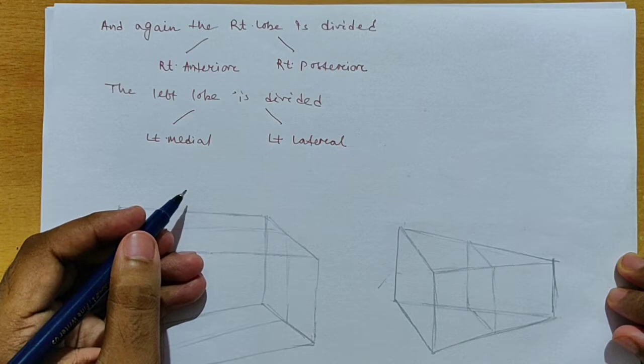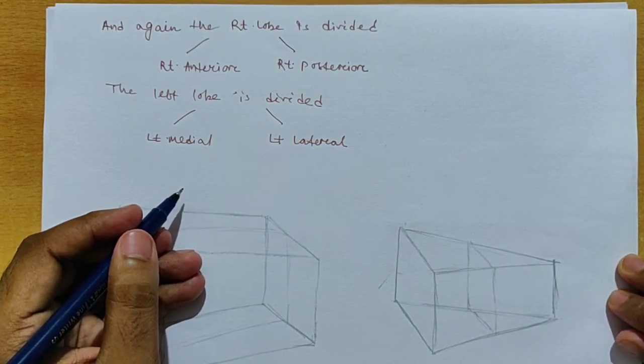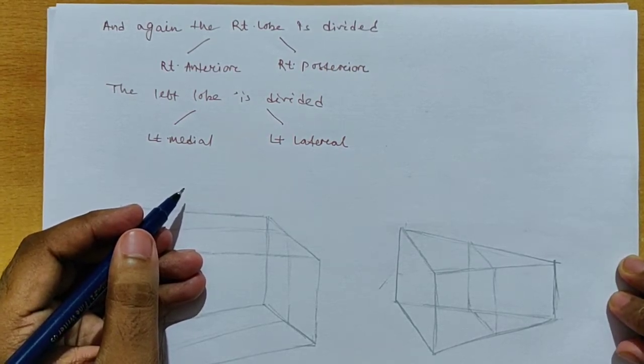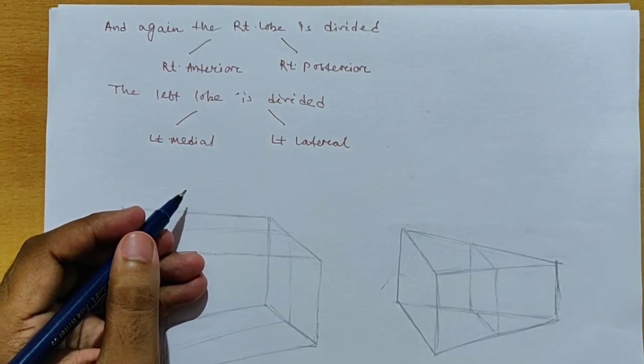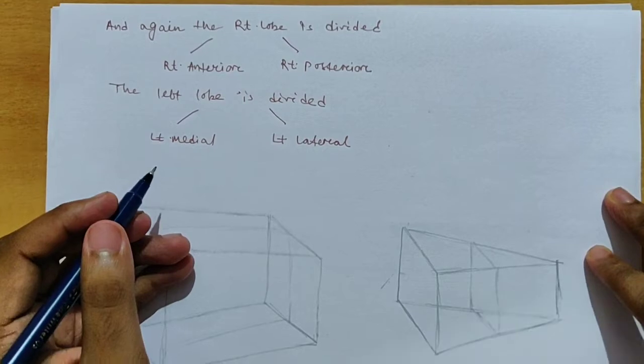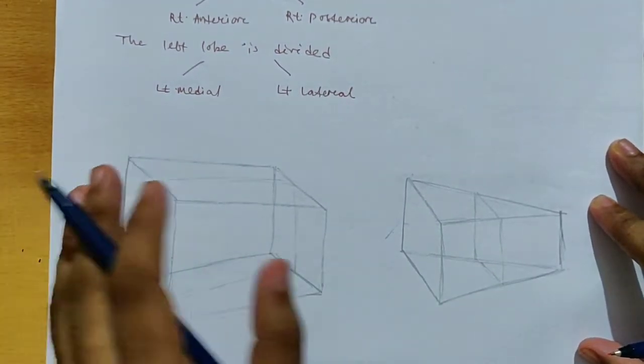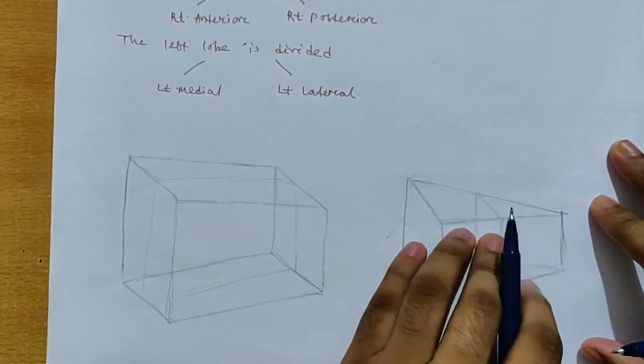As we know, the liver is wedge-shaped, and the plane joining the groove for inferior vena cava to the cystic notch divides the liver into right lobe and left lobe. Now we will see it diagrammatically. This one is the right lobe and this one is the left lobe.